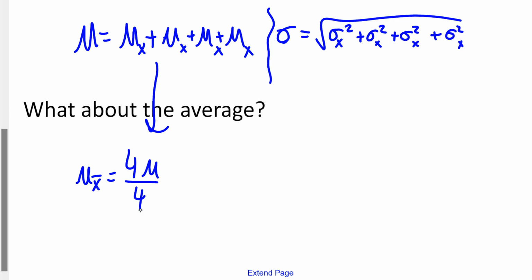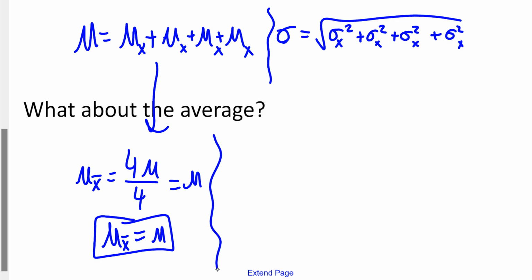So divided by how many there are, divided by 4, that cancels out the 4s, and guess what? It's just mu. So note, the mean of all the x bars, so all the averages of all the samples, is going to be equal to the true population mean. We'll get to that in a second.